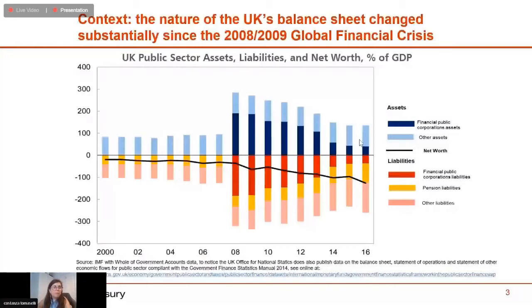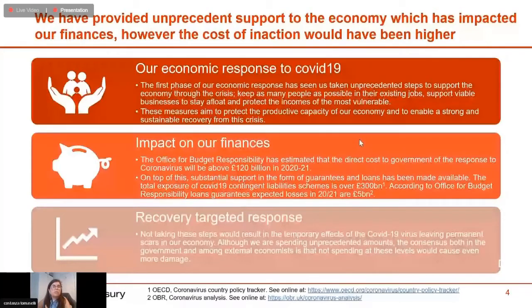So what happened this year from March? As several other countries, we have provided unprecedented support to the economy, and this, of course, has impacted our finances. However, we know that the cost of inaction would have been higher.